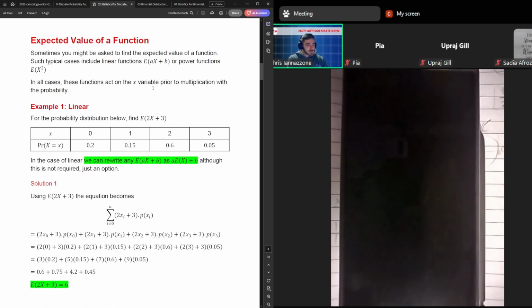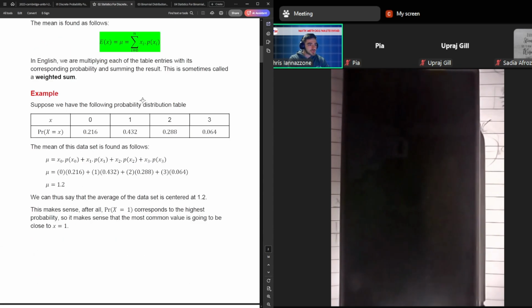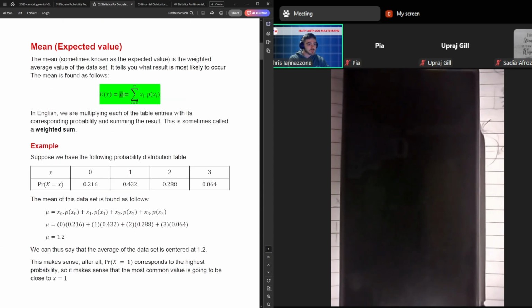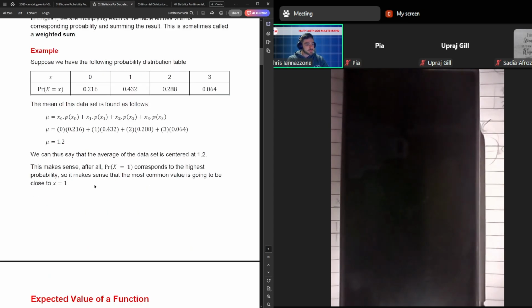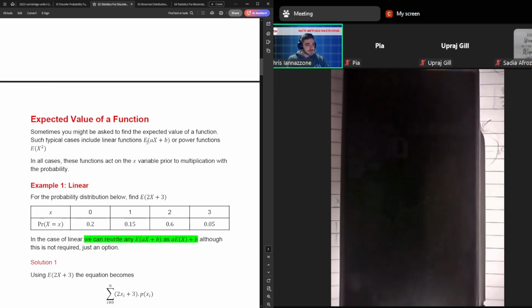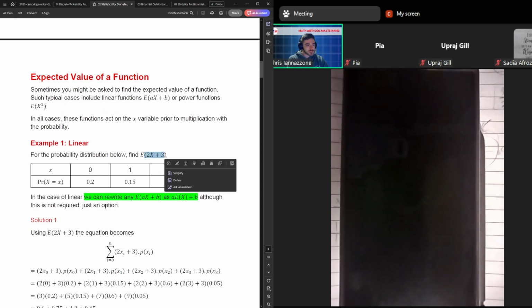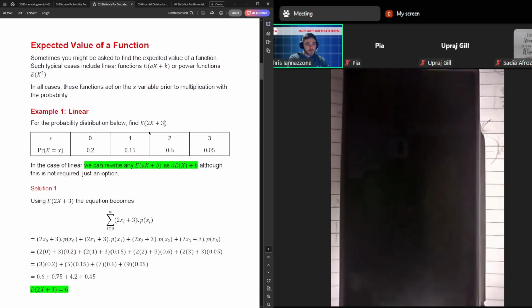Now, it can get a bit more complicated. So we saw E of X, sometimes using the Greek letter mu for that. Sometimes it's not just E of X. Sometimes there is a whole function inside there. What it just means is you're still doing the exact same operation, but instead of going direct for x multiplied by probability, you now do 2x plus 3 multiplied by probability.